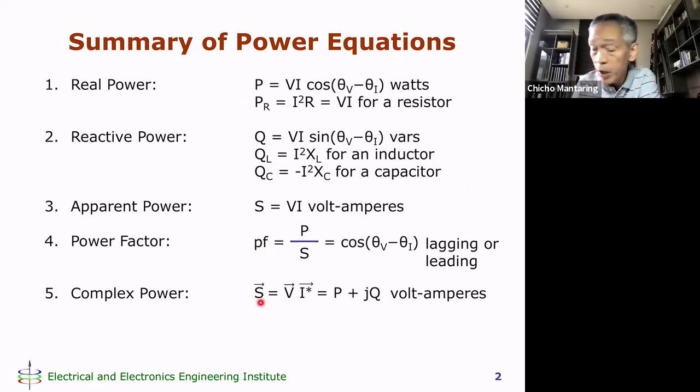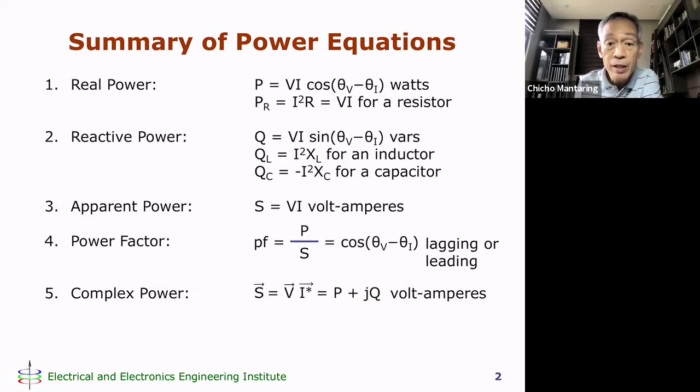So here, complex power, and we give it the symbol S with the vector sign on top, only to differentiate it from this S. But actually, this S is not a phasor. It is not a phasor. This is equal to the phasor voltage multiplied by the conjugate of your phasor current. And if you convert that to rectangular form, that is your real power plus j times your reactive power.